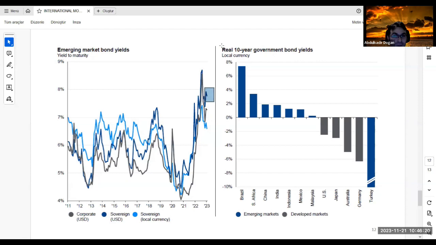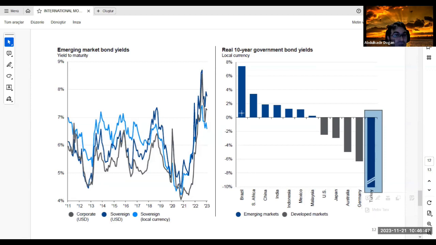On the right-hand side, real 10-year government bond yields. Here I have my country, Turkey, with a huge real negative return because of inflation. The government bond return is approximately 35%, but today official inflation in Turkey is 65%, and the real return is negative because of this inflationary outlook.